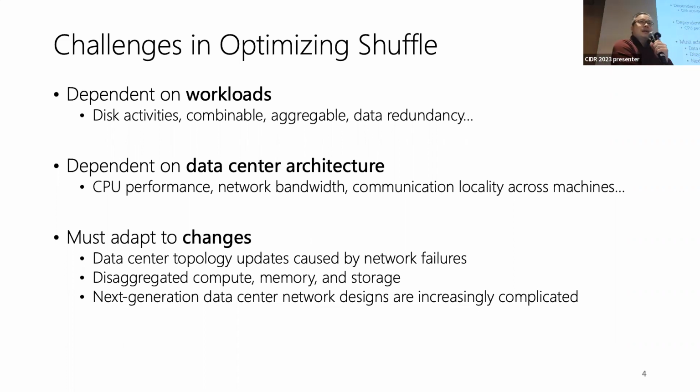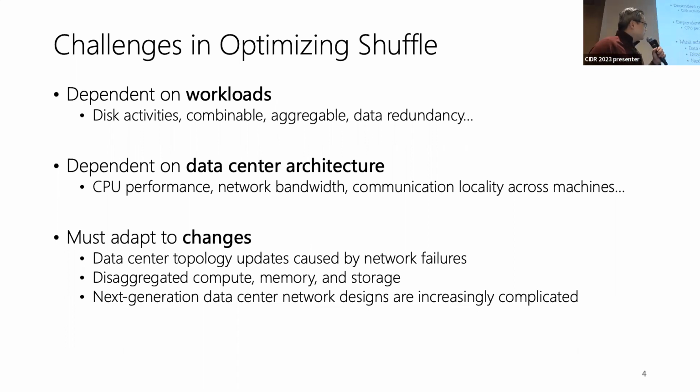And part of the reason behind the challenge is that it's very workload dependent. Some shuffles require going to the disk, some require combining and aggregating, and others involve data deduplication. And also there is dependency on data center architecture, which would involve CPU, network, and communication among different machines.